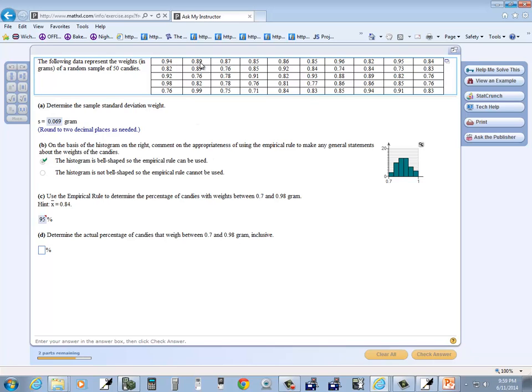Let's see, 1, 2, 3, 4, 5, 6, 7, 8, 9, 10, 11, 12, 13, 14, 15, 16, 17, 18, 19. Maybe it'd be better to look for the ones that are not between 0.7 and 0.98.